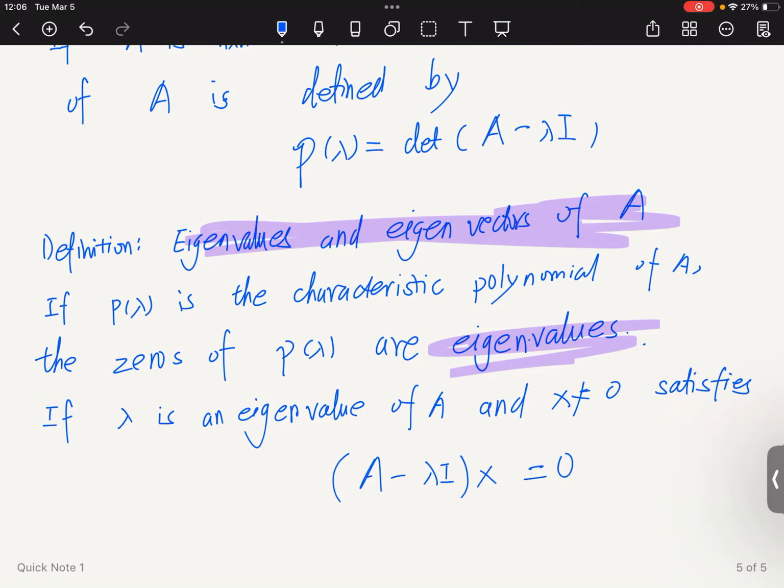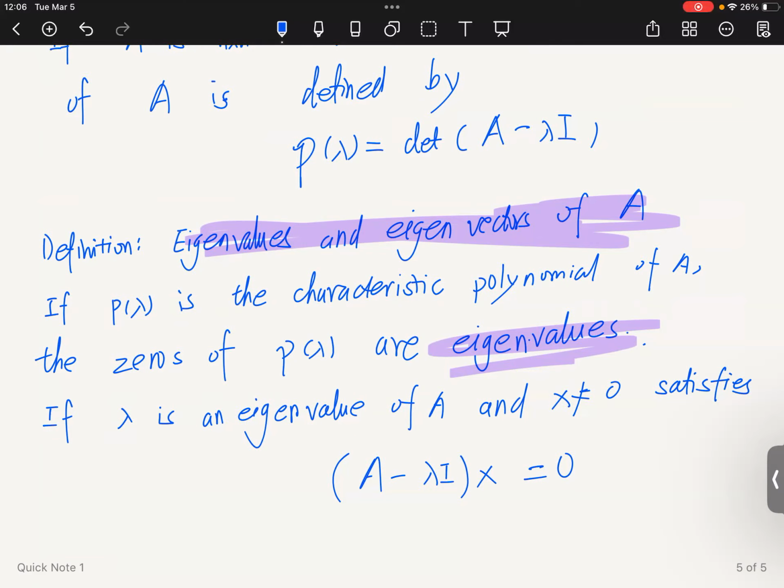So we calculate the eigenvalue first, and once we get the eigenvalues, we can find the non-zero eigenvectors corresponding to each eigenvalue, satisfying A minus lambda I times X equals 0. We require this vector to be non-zero.